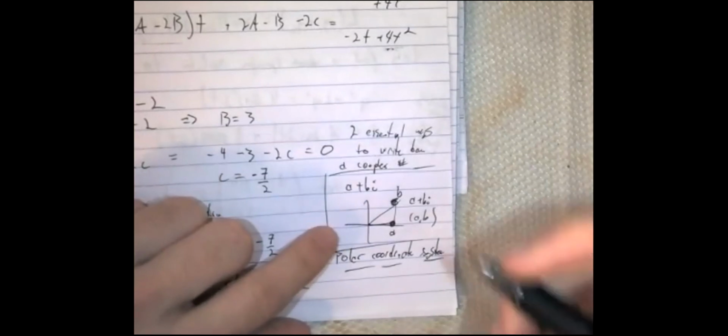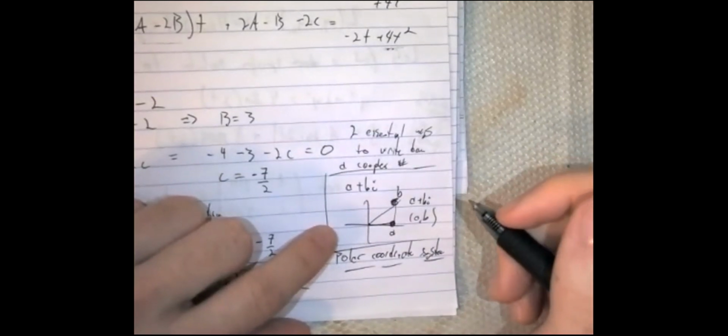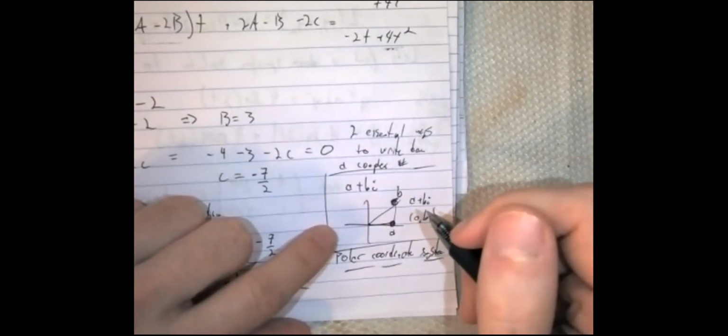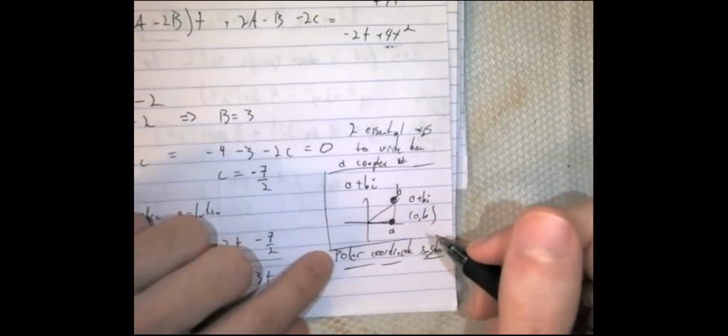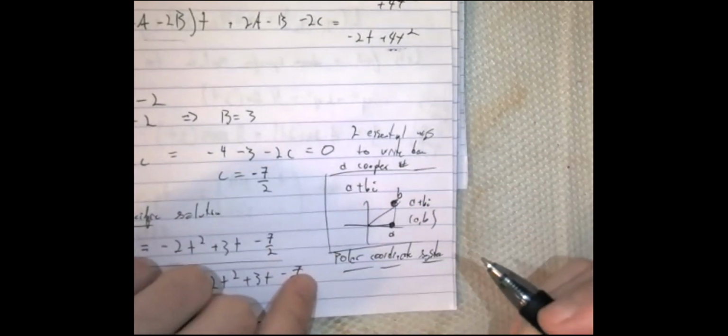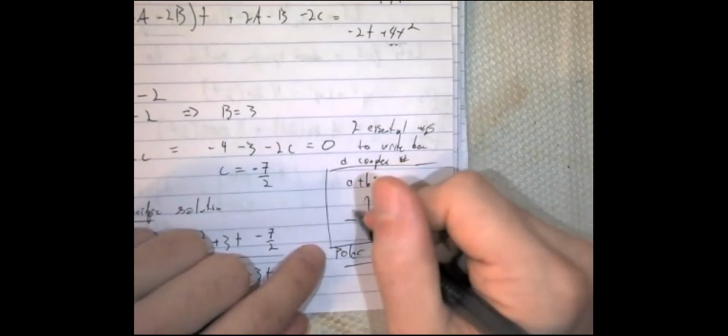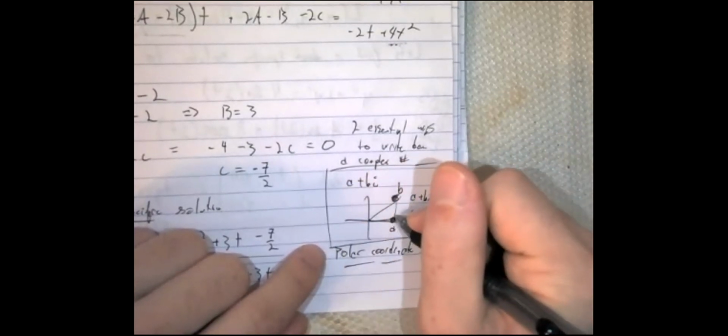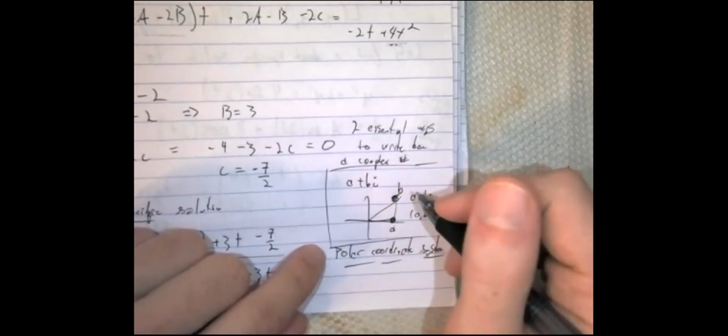The polar coordinate system should tell us that we should be looking for complex numbers with a given argument and then scaling them by some real number.